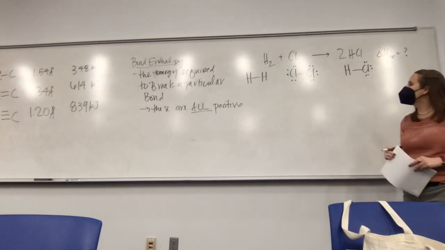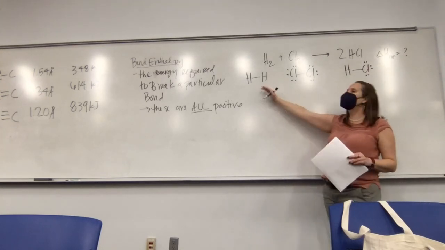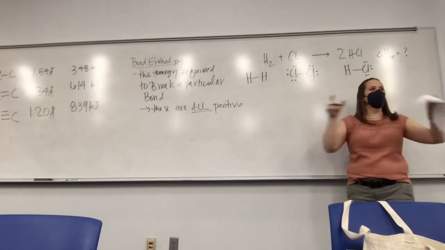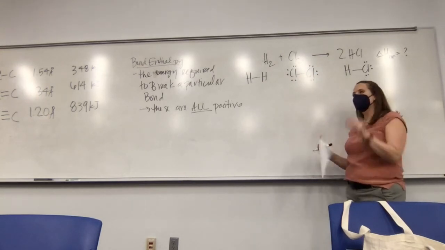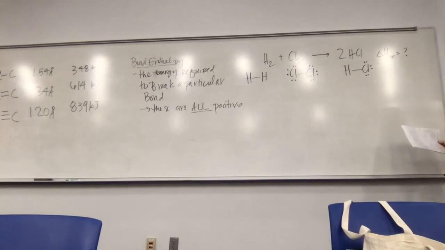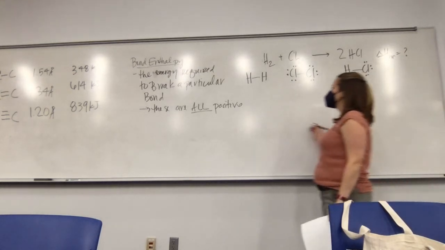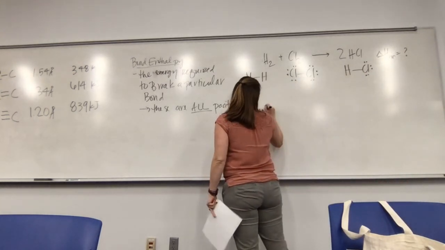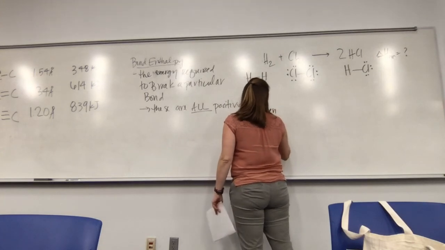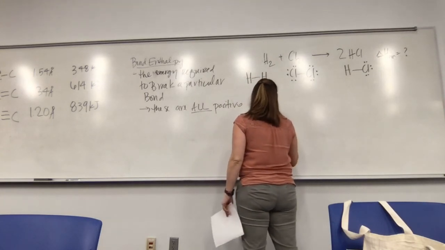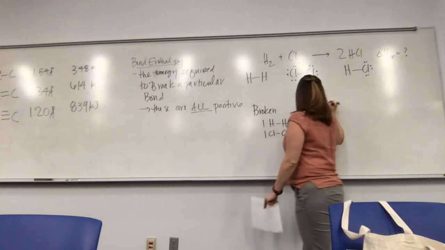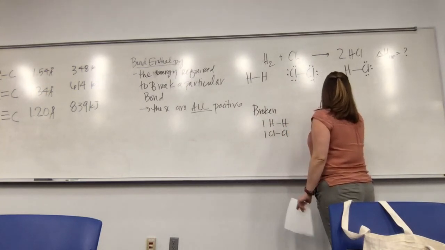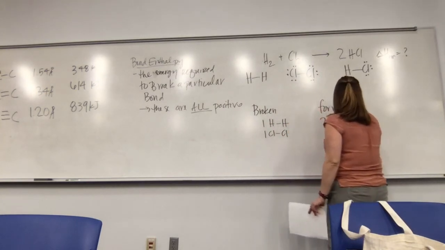So we want to take apart the HH compound and the ClCl and basically make two new compounds, or make two new bonds. So bonds broken, we're going to break one HH and one ClCl. And we're going to form two HCl.